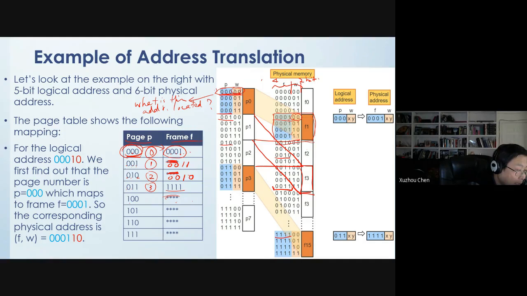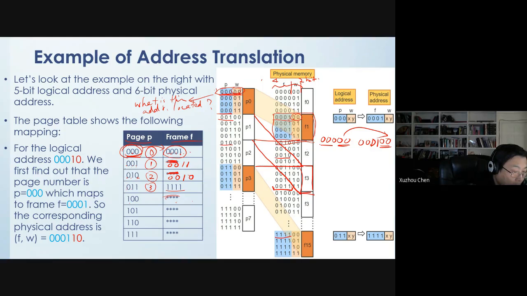So what is the physical address corresponding to 0, 0? First I find the frame, which is 0001, right? And the offset, well, I copy the offset because the offset is never going to change.